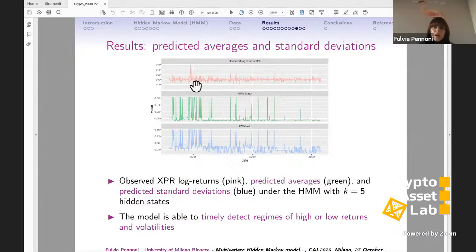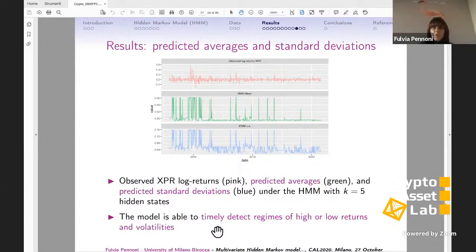In this picture, I just show the average of the hidden Markov model for Ripple, but of course we have done it also for the other 4 cryptocurrencies. Here we can see that the model is able to timely detect regimes of high or low returns and volatility. Of course, it is interesting to compare these pictures across cryptocurrencies.